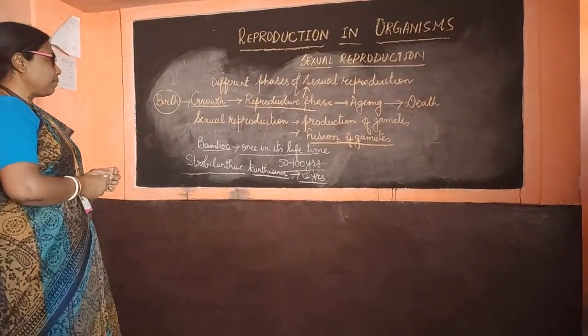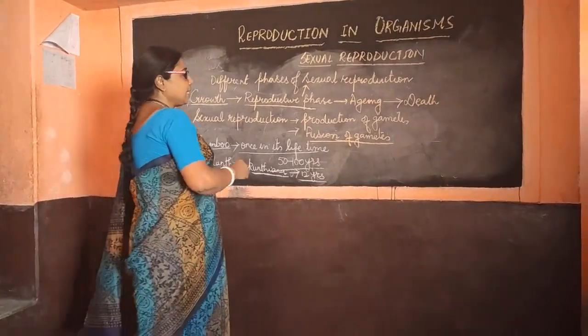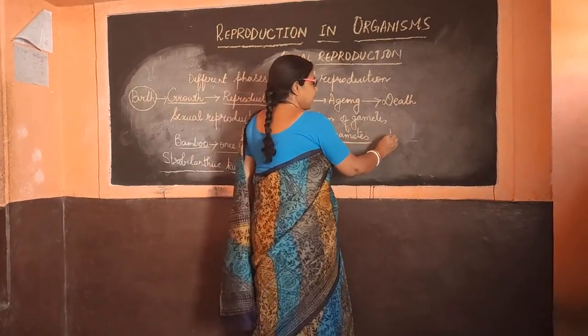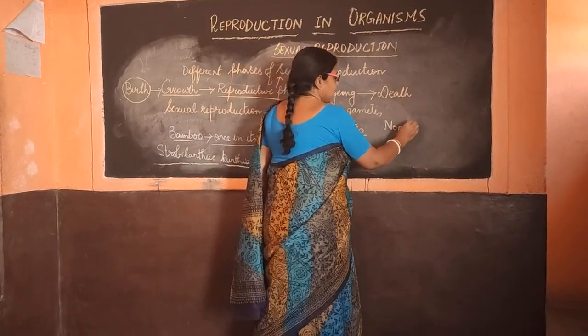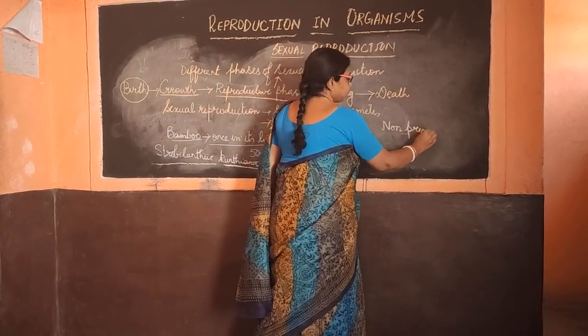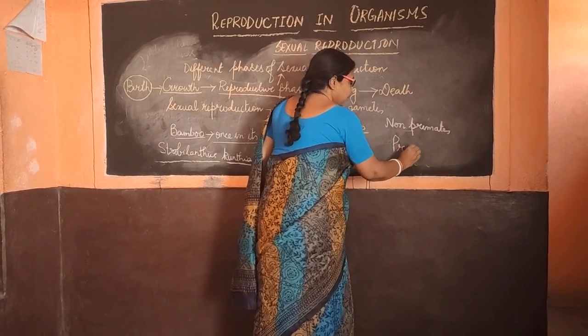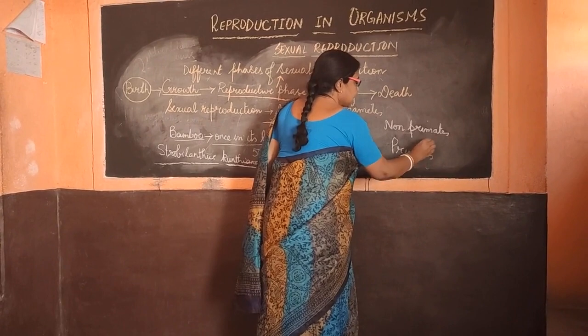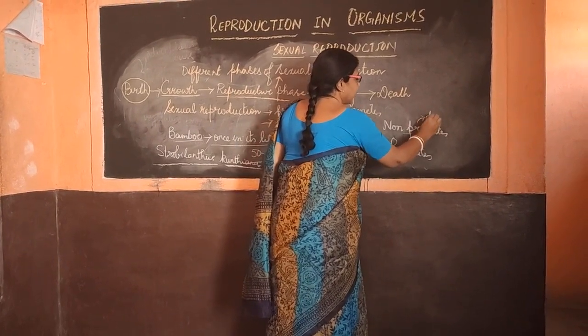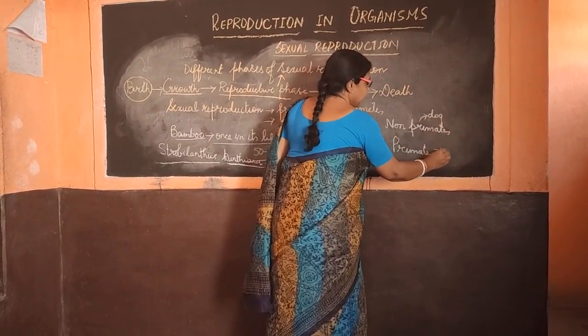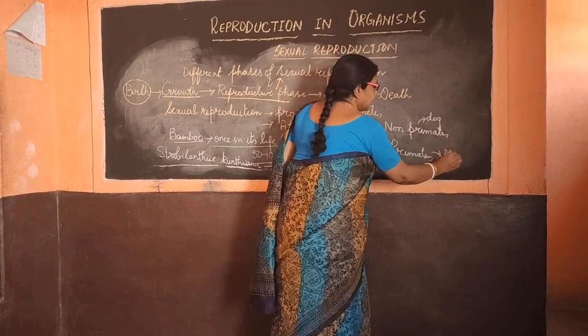So in mammals we will see non-primates and primates. In non-primates, I'll give examples like dogs, cows and others. In primates you have the apes, monkeys, human beings.